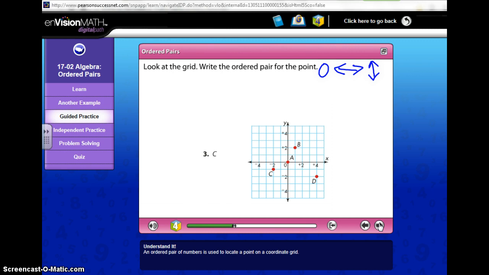Caterpillar. Okay. Some of you forgot that since we're going over this way, it's -2. Then we went down 1, which is -1. So (-2, -1), caterpillar. Did you forget your negatives, Hayden? Do you see what you did? Since we went to the left, we were in the negatives.